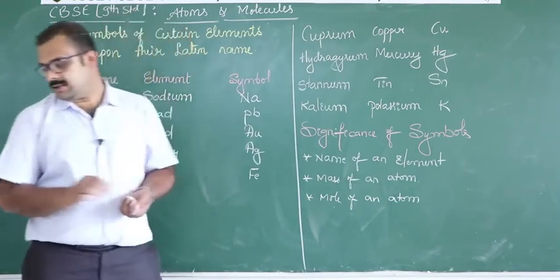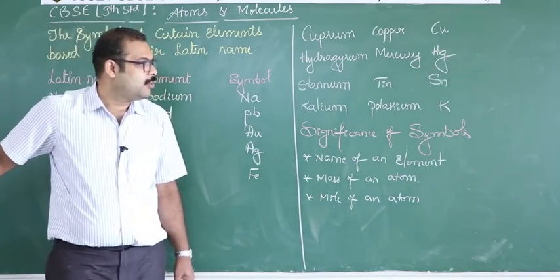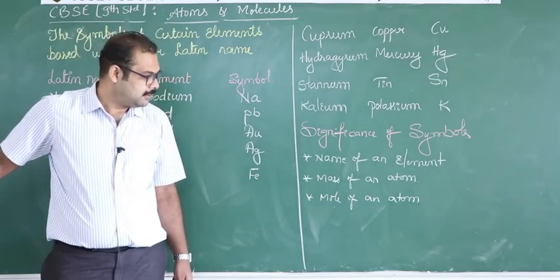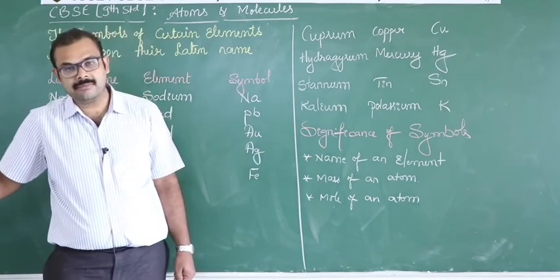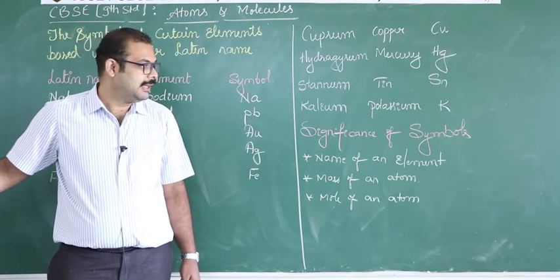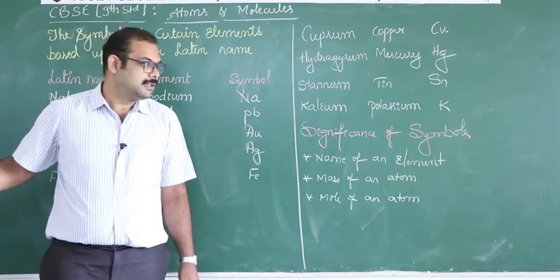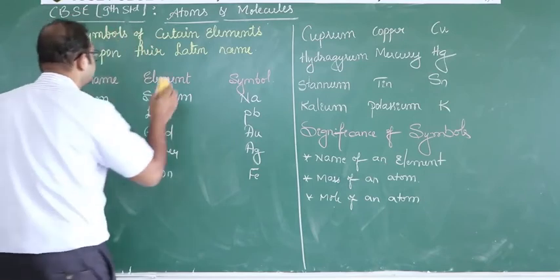So now we have learned about only the elements which have two letters and which are obtained from the Latin word. But as you go after 100, even the elements are represented by using three letters. So let's see those examples.